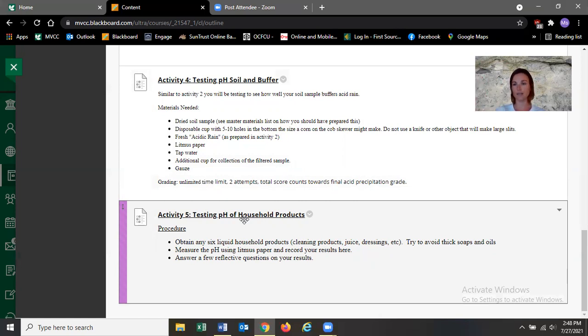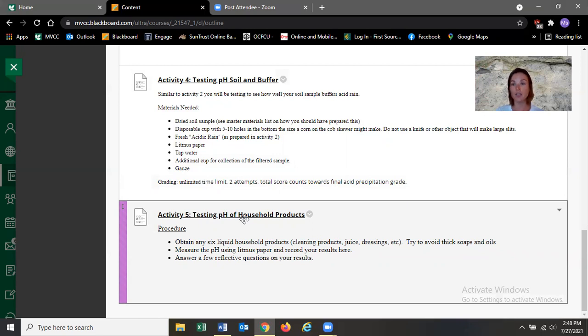And maybe your most acidic was apple juice. You're going to say apple juice with a pH of 4. Make sure you put that pH in there as a reminder. Don't make me scroll back up to the top, find your apple juice, and remember that your apple juice was 4, okay?